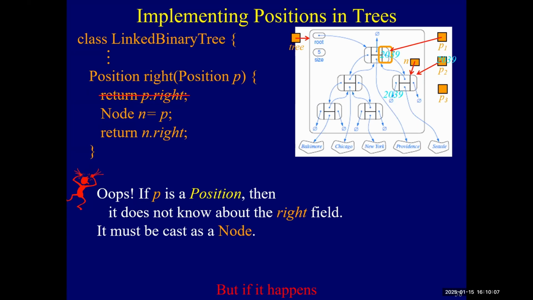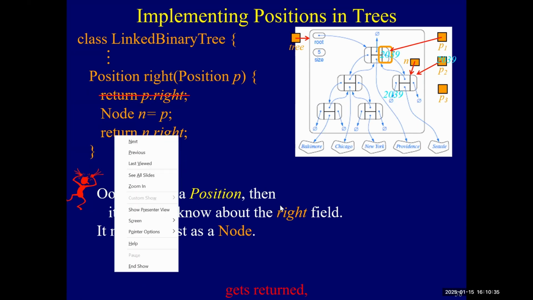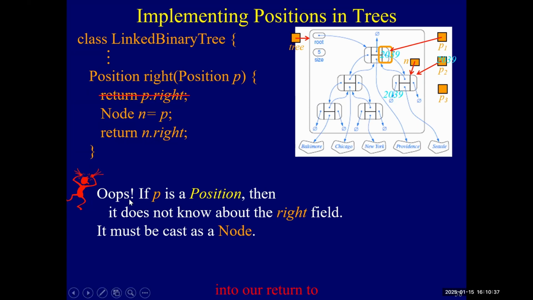But if it happens to be a node, then we can copy it over to N. Now, N is a node, so we can do N dot right and return that value. And again, there's a casting, because N dot right is of type node, and so when it gets returned to our outside world, it has to turn into a position again.